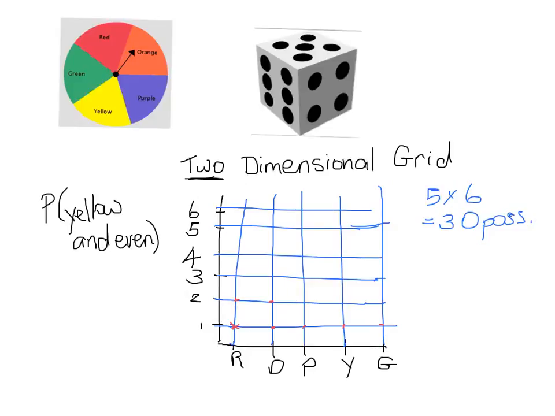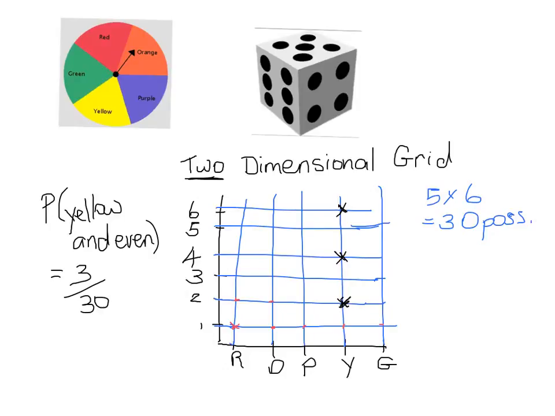So yellow and even would be yellow and 2, yellow and 4, and yellow and 6. There are 3 places where we have yellow and even, and these 3 places are 3 places out of a total of 30. So the probability of getting yellow when you spin the spinner and even when you toss the die, both events, is 3 out of a total of 30.